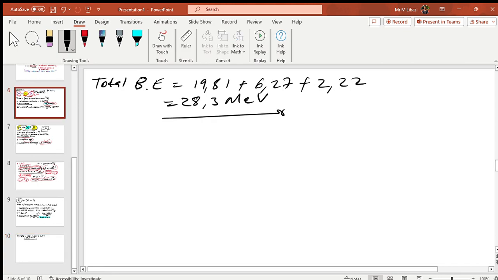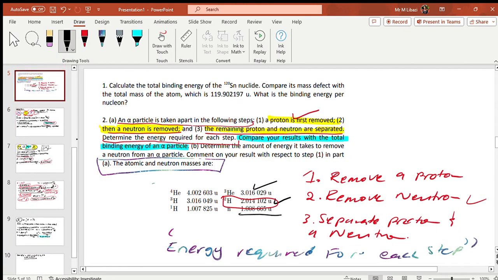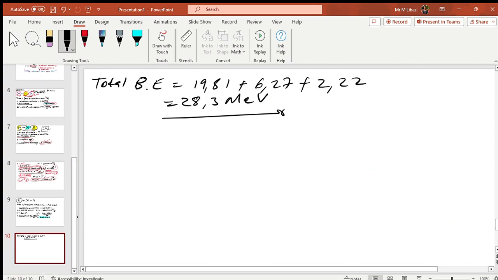Now the question was saying that we should compare your results with the total binding energy of an alpha particle. So now let's calculate the total binding energy of an alpha particle.